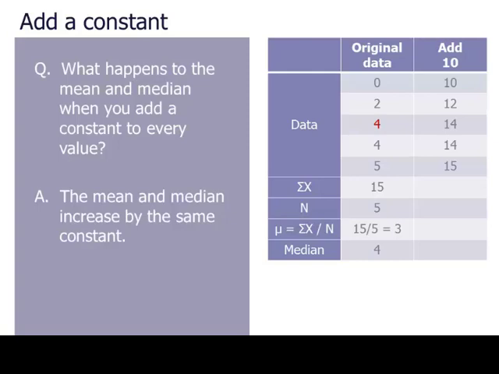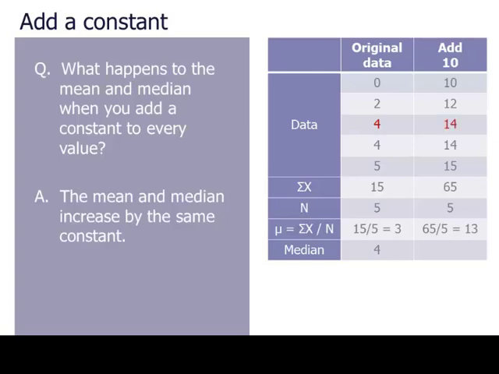Sigma x is 10 plus 12 plus 14 plus 14 plus 15, which equals 65. The new data set still has 5 values, so n is equal to 5. Given sigma x and n, we can compute the mean of the new data set, which is 65 divided by 5, or 13.